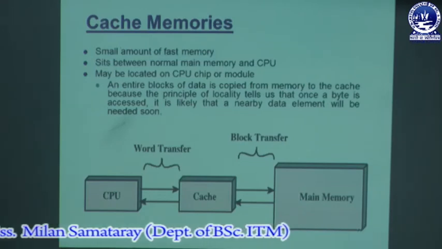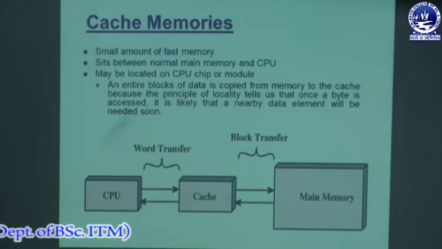So, if we access a word or information from cache in 1 second, then accessing the same information from the other memory would need approximately 1 lakh seconds. So, you can imagine how fast the accessing time of cache is.